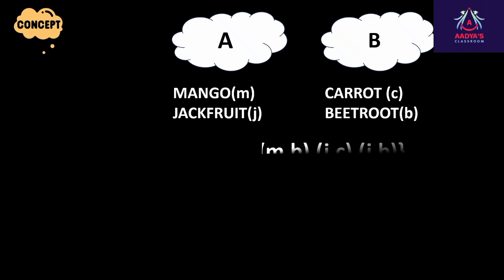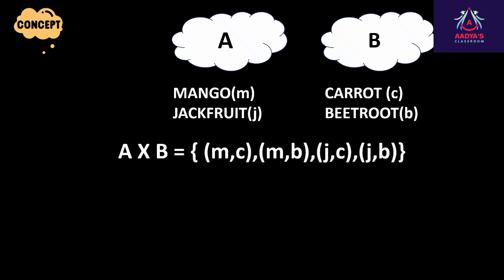Now, in A cross B, the Cartesian product of A and B, how many ordered pairs are we getting? 1, 2, 3, 4. So 4. So 2 elements in set A multiplied with 2 elements in set B will give us 4 ordered pairs in the Cartesian product of A cross B. Alright?